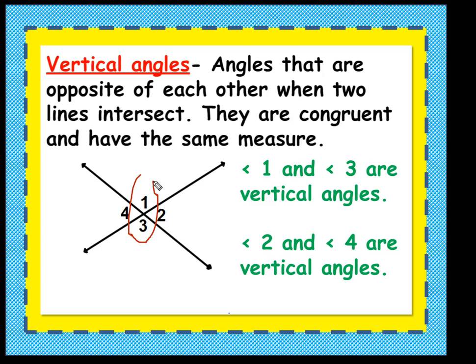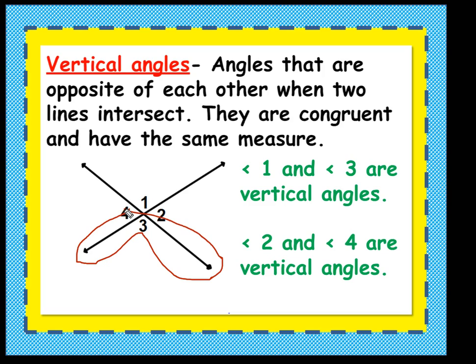And the reason that they are congruent is, here's a good way to think about it. Imagine that you had an imaginary line going right through the middle of our little intersection right here. Well, if you were to flip this half of it over to the other side, these lines right here, so the lines of angle 1, would lay directly on top of the lines of angle 3.